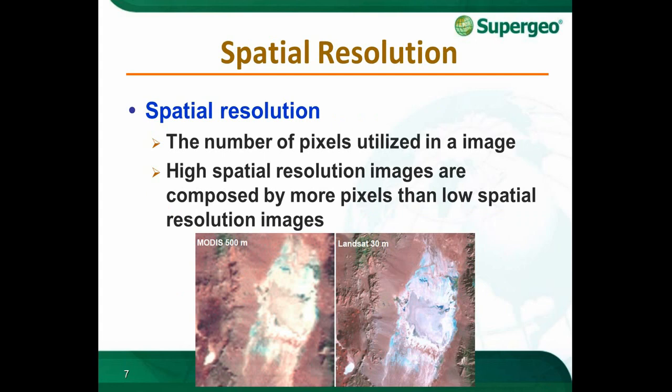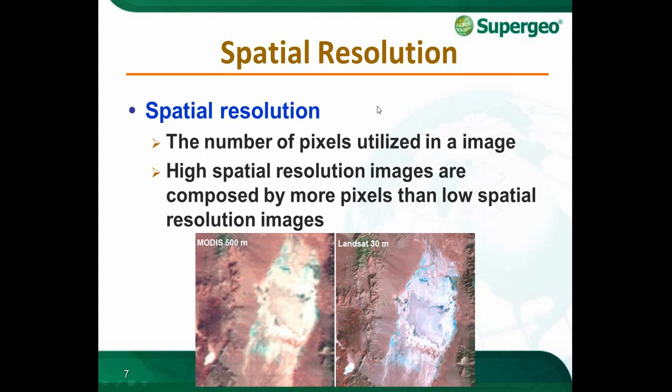Here we're going to talk about spatial resolution. Spatial resolution can be explained as the number of pixels utilized in a specific image. High spatial resolution images are composed of more pixels than low spatial resolution images.